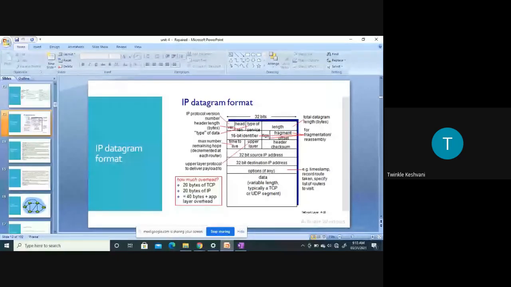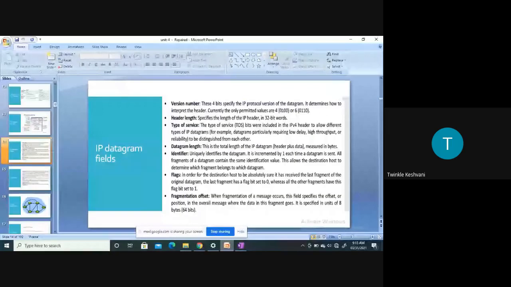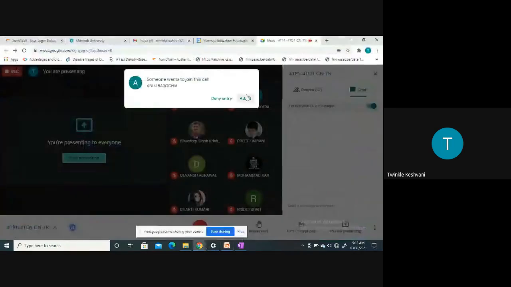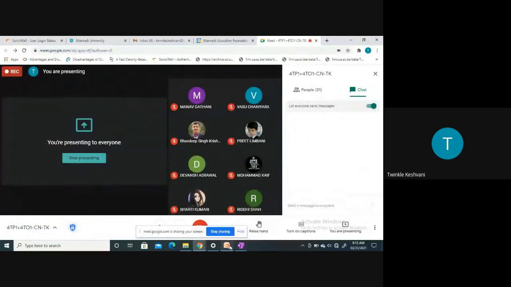So we have gone through all the fields of the IP datagram: version number, header length, type of the service, datagram length, identifier, flags, fragmentation offset. These are the fields that we have already discussed, right?